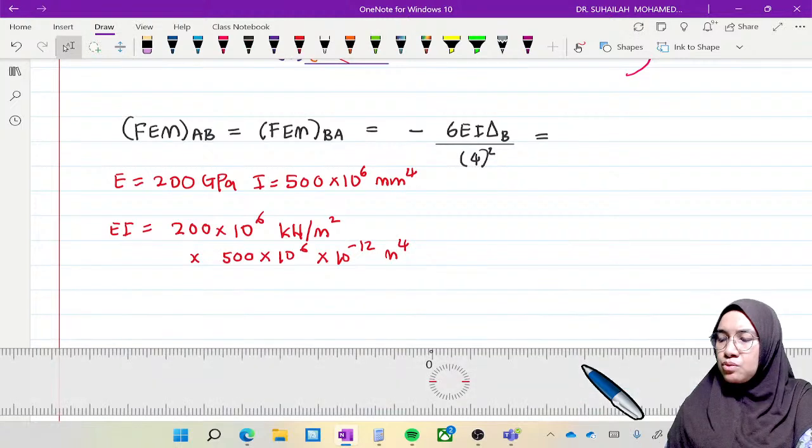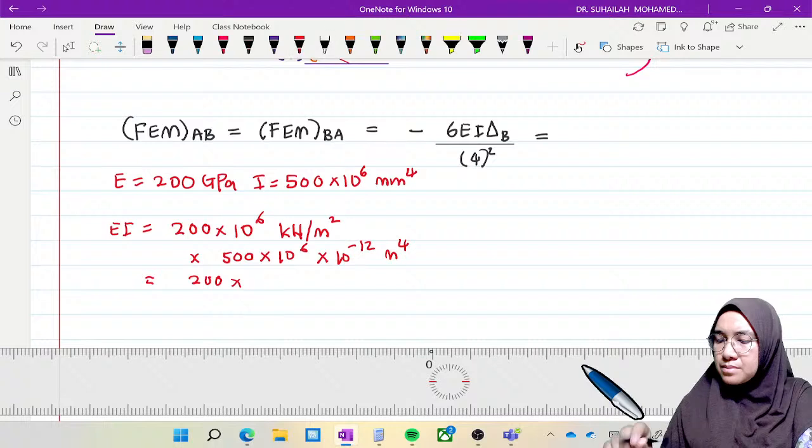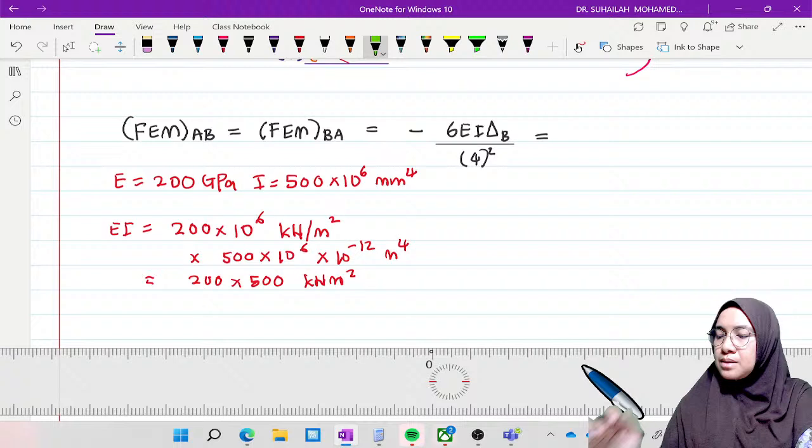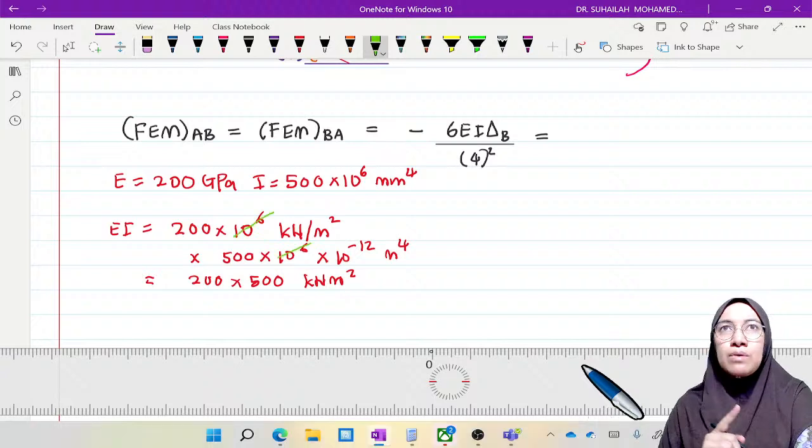So what we get is 200 times 500. 10 power of 6 times 10 power of negative 12 gives 10 power of 6 minus 12.